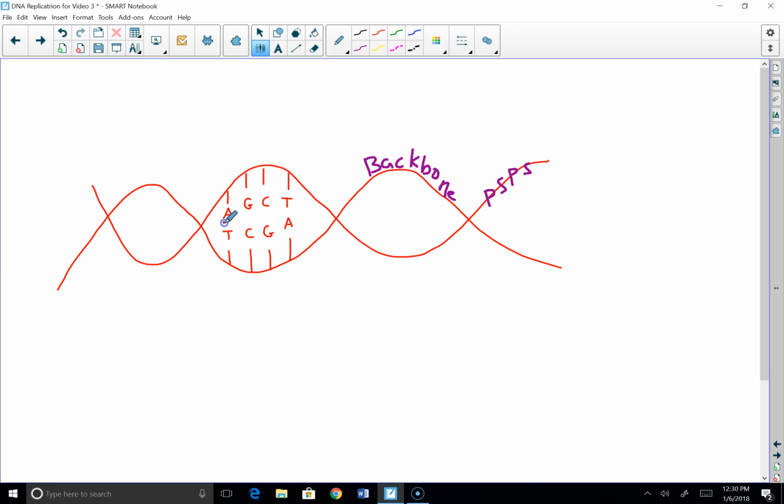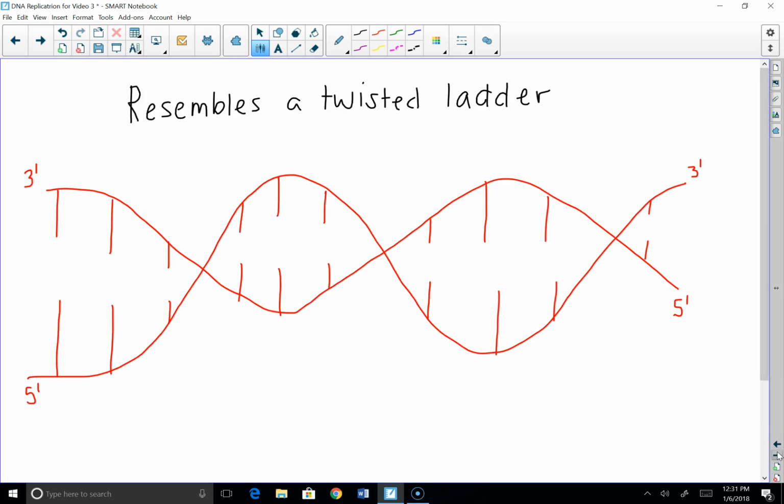And once again, you have 2 hydrogen bonds here, and you have 3 hydrogen bonds here. And it is the bases that make the steps of the ladder. Again, twisted ladder, bases. If you have an A here, you're going to have a T here. If you have a G here, you're going to have a C here, and so on.